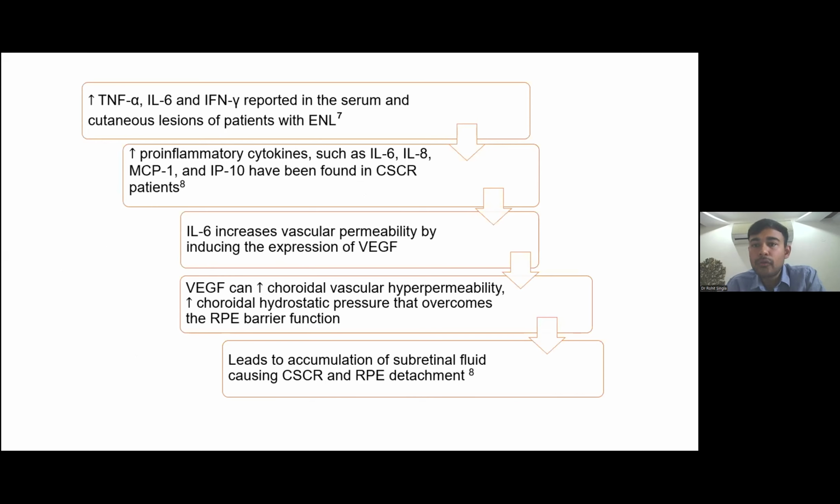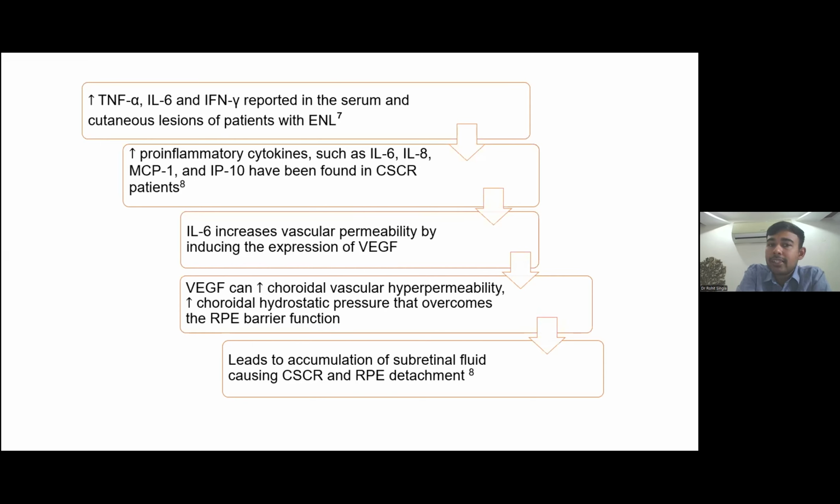Now, in cases of erythema nodosum leprosum, as it is a type 3 hypersensitivity reaction, there are increased serum levels of TNF alpha, interleukin 6, and interferon gamma. These are the inflammatory cytokines. These are also found raised in CSCR patients.